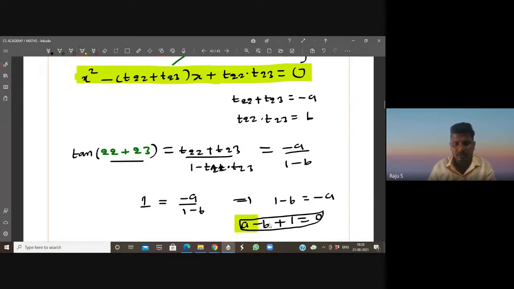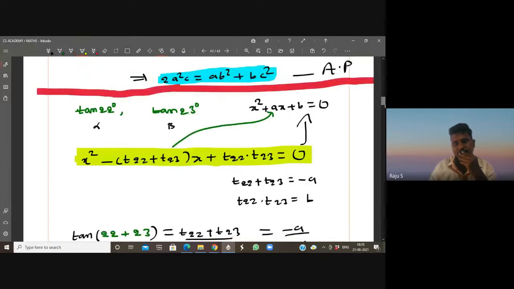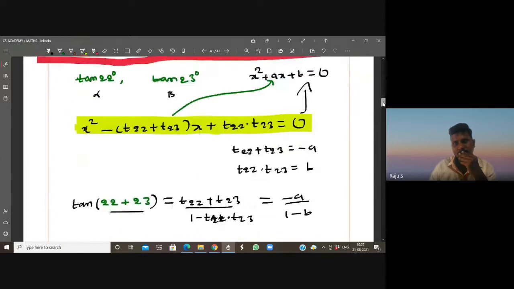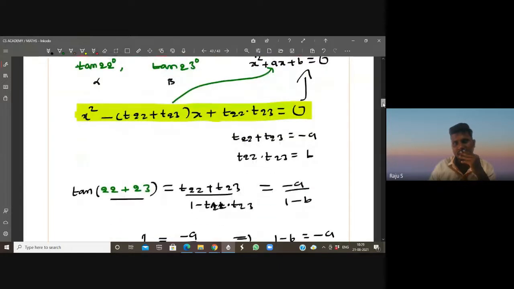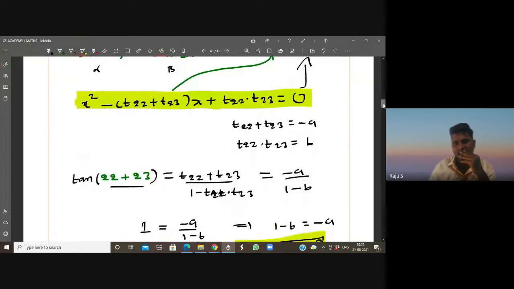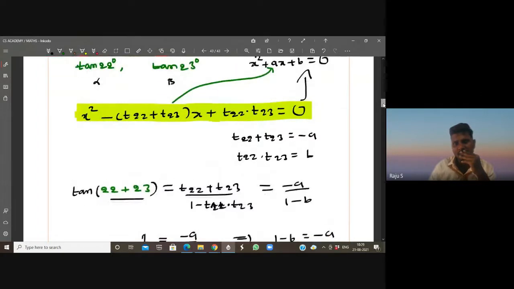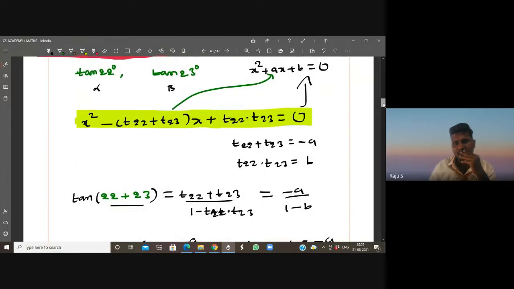Students, any doubts? So here we have to use the tan 45, tan (a plus b) formula. So tan 22, tan 23 are the roots. I compared with that, and we got minus a as the sum of the two values, and the product of the two roots is b after comparing.